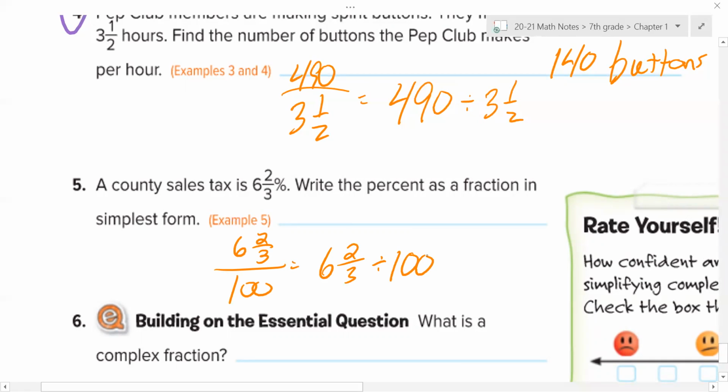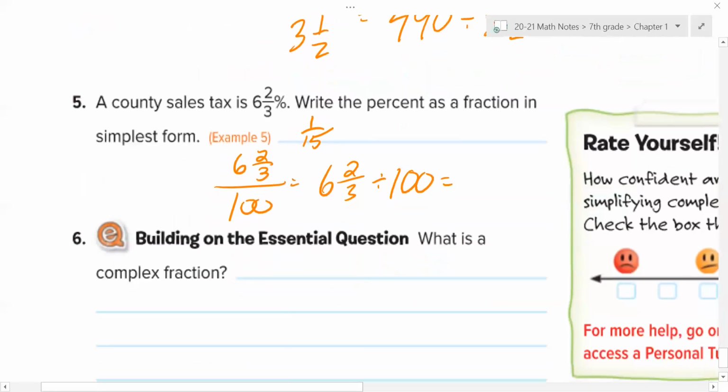So I'm going to get my calculator. 6 2/3 divided by 100 equals. So when you plug that into the calculator, we have 1/15. And we don't need a unit there because they're just asking us to put a tax into a fraction.